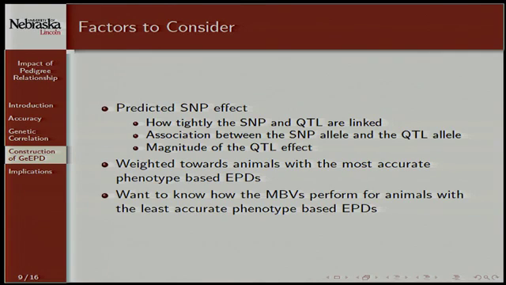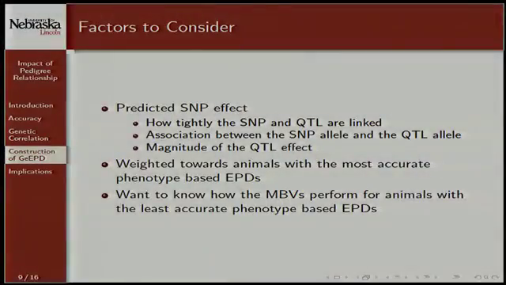Now, the other thing we want to bear in mind is we want to know how these MBVs perform not in highly accurate animals with highly accurate EPDs. You've seen the graph that Matt put up, and Allison talked about it also. The contribution and the gain that you make from having a molecular breeding value is not for animals with high accuracy.